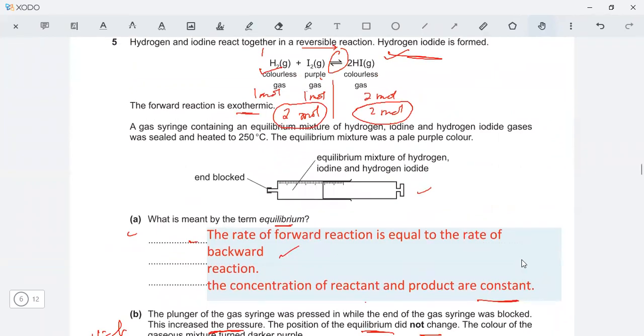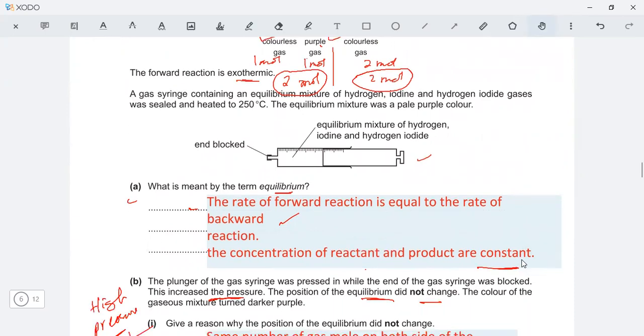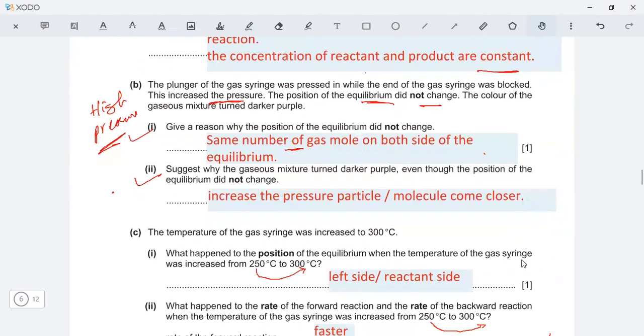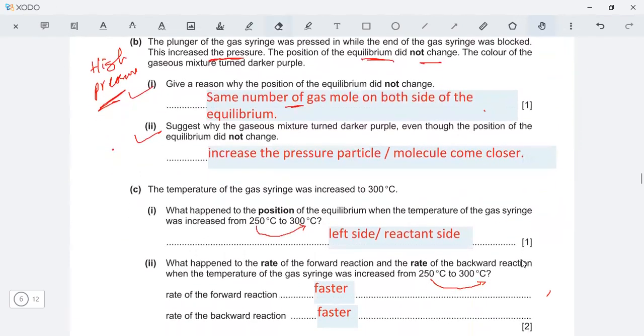In this equation hydrogen and iodine actually reacted together and form hydrogen iodide. So what is the reason? Basically, when you increase the pressure, the particles will collide faster. Collision will take place. So that is why the particles come closer and the color change is found. So just rewrite it: increase the pressure, then the molecules will come closer and the collision rate will increase.